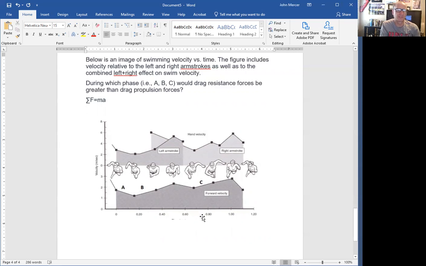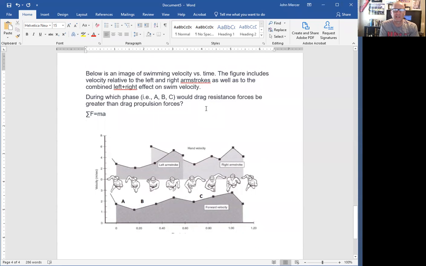When we have velocity versus time, we can start identifying the other kinematic parameter, which is acceleration. And you should be able to look at this graph and identify periods where acceleration is positive or negative. Anywhere where the slope of the velocity versus time plot is negative, acceleration will be negative. Anywhere where the slope is positive, acceleration will be positive.